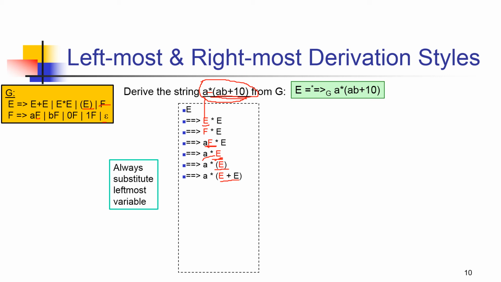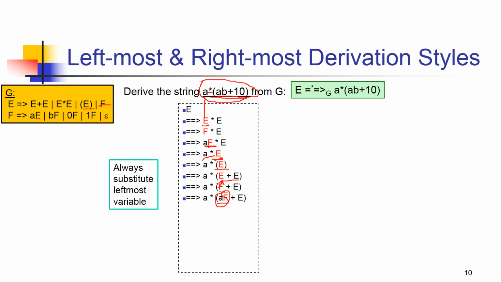Now since I have two variables, the leftmost variable is this particular E. So let's start. I am going to replace this E by F. Now what I want is ab, and how can I achieve ab? I can achieve it by replacing this F first of all by AF, a star AF.